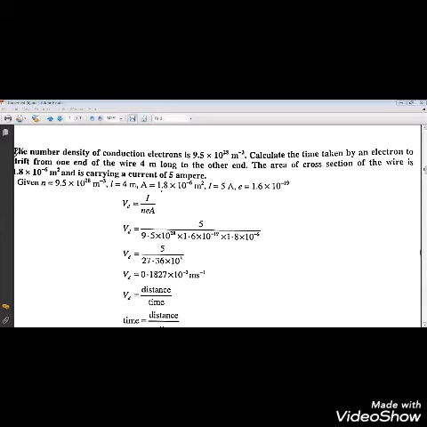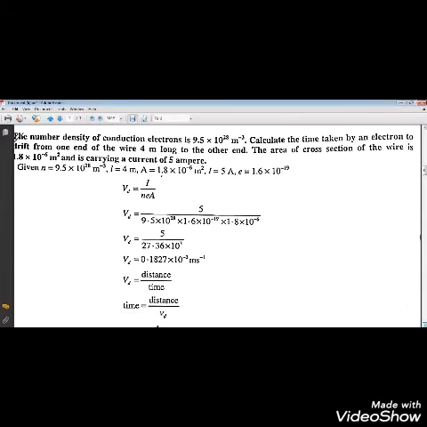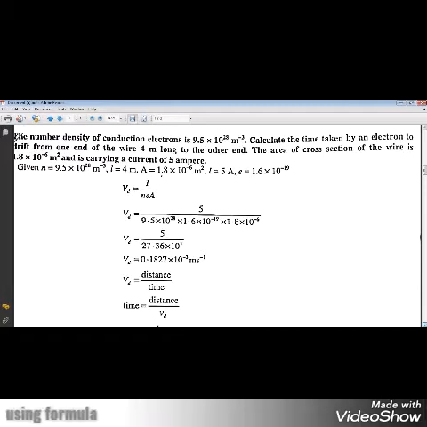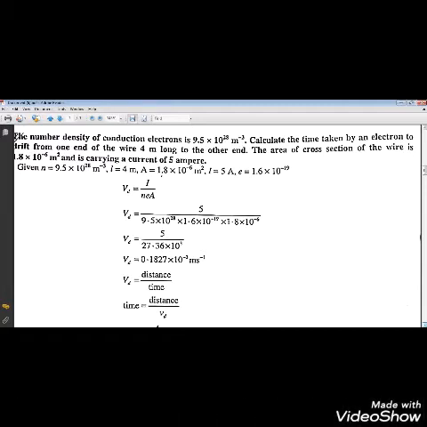According to the definition, I is equal to nAeVd, and we need Vd, the drift velocity, which is given by Vd equal to I divided by nAe. Substituting the values, I is 5, n is 9.5 into 10 to the power of 28, e, the charge of an electron, is 1.6 into 10 to the power of minus 19, and A, the area of cross section, is 1.8 into 10 to the power of minus 6.